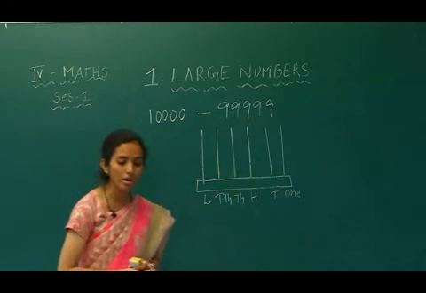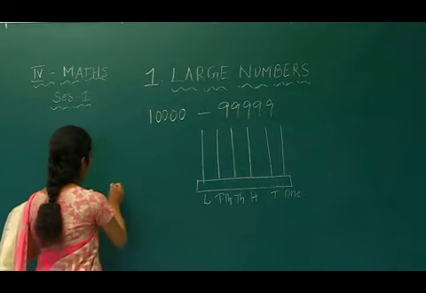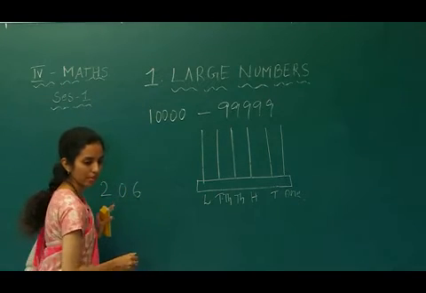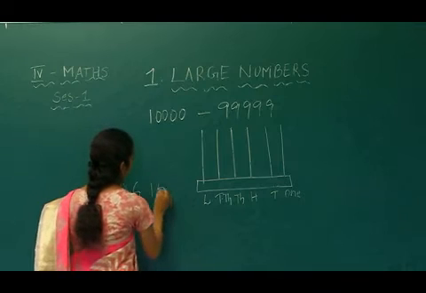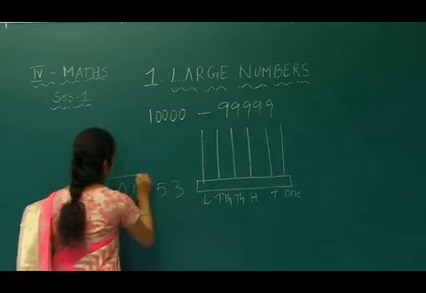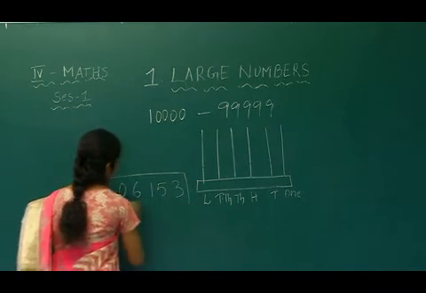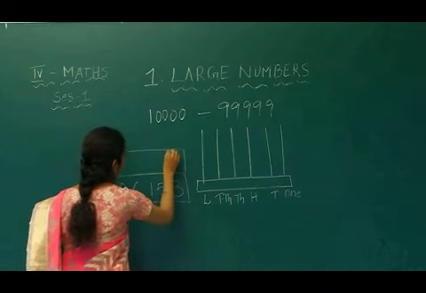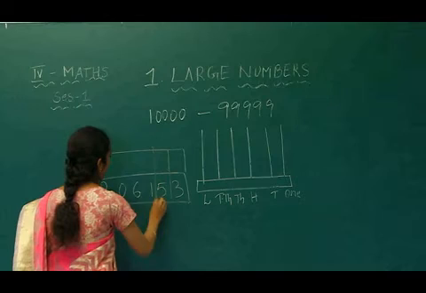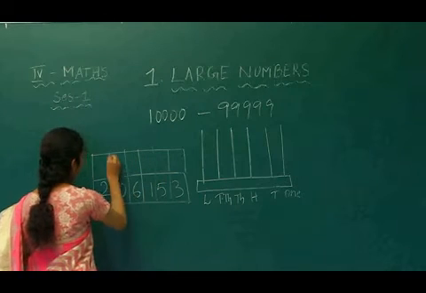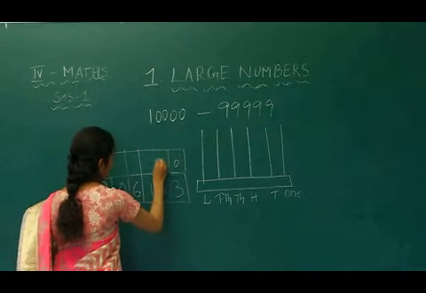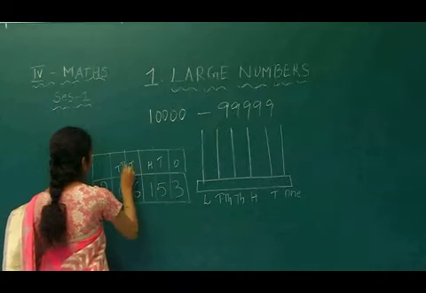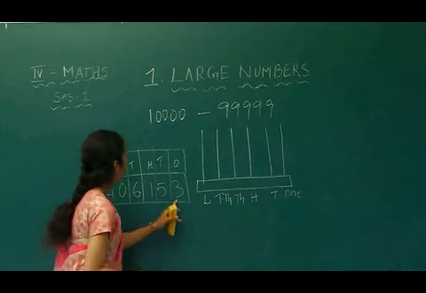So the number given in our textbook is 206,153. So here also we just name it ones, tens, hundreds, thousands, 10,000s, lakhs.